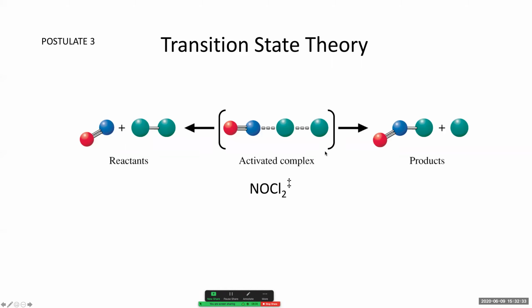And the activated complex, we always put that in brackets because it's a very temporary chemical structure between the atoms involved in this chemical reaction, where the bond between the chlorine atoms is breaking and the bond between the nitrogen and the chlorine is forming. So if there's enough energy, this reaction goes forward. If there's not enough energy, it goes backwards. It goes back to the reactants.